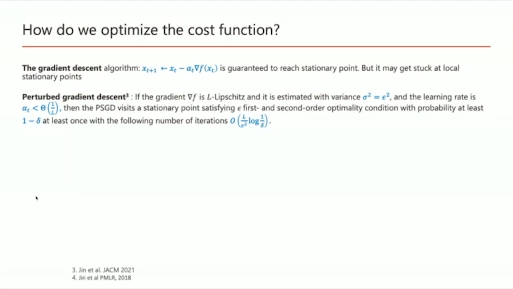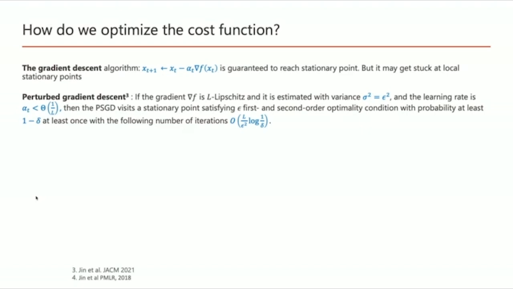All right, and so one way to stay away from those undesired stationary points is to use perturbed gradient descent. So we're borrowing these ideas from machine learning algorithms. This is a very simple modification of the gradient descent algorithm, where at each step you add some stochastic perturbations.